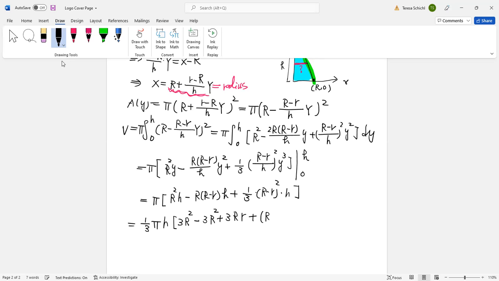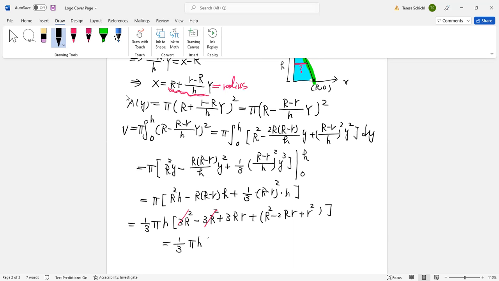So this is R squared minus 2R lowercase r plus r squared. Now it's much better, right? So here, now you see, hey, this one can cancel. That's pretty good. So my final answer will be 1/3 pi h.